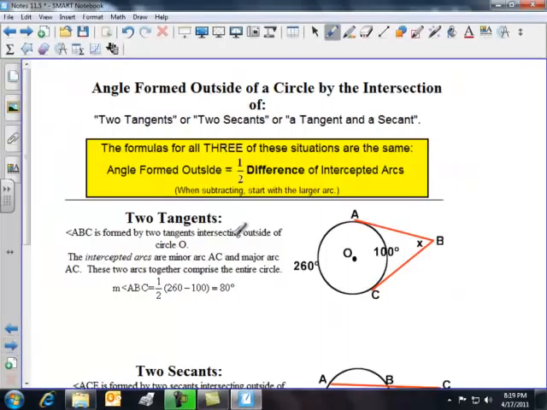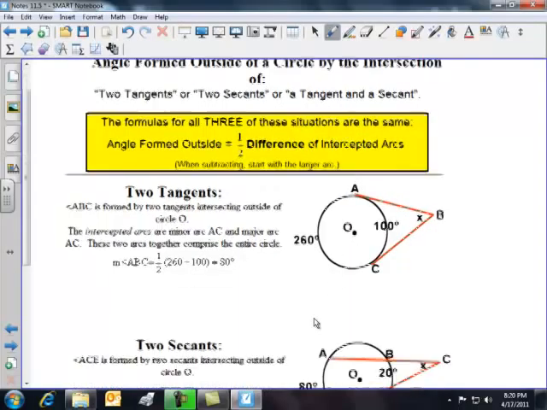Now, an angle that's formed outside of the circle. I told you we were going to go through several situations. There are different situations where this could happen. For example, if there are two tangents, notice here, AB is a tangent line, BC is also a tangent line. That's one situation where we could have an angle in the exterior of the circle, in this case formed by two tangents.